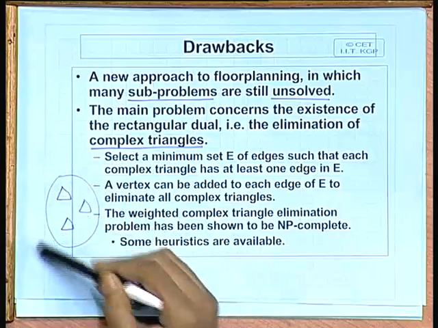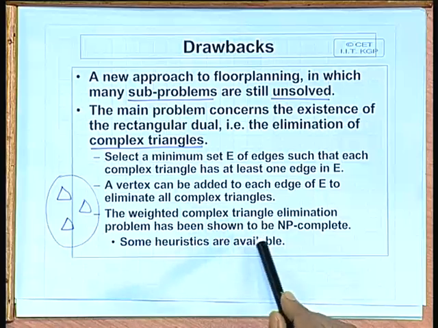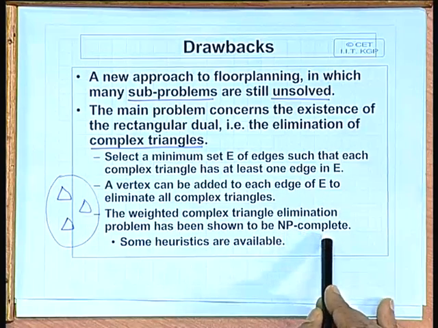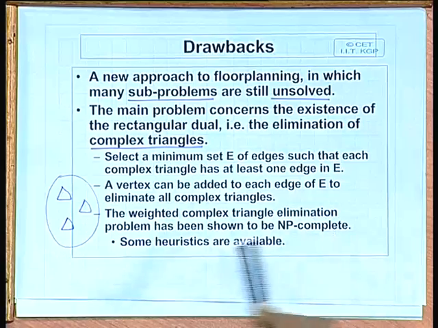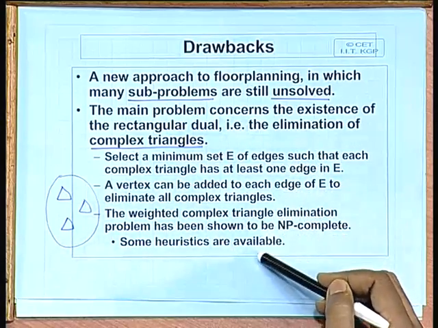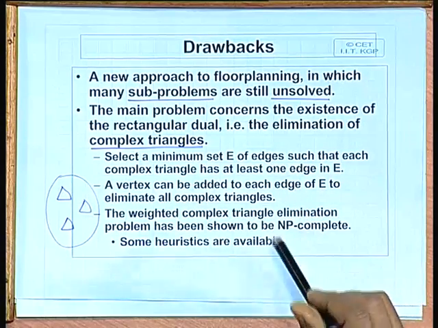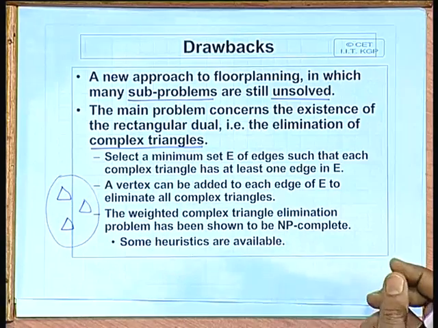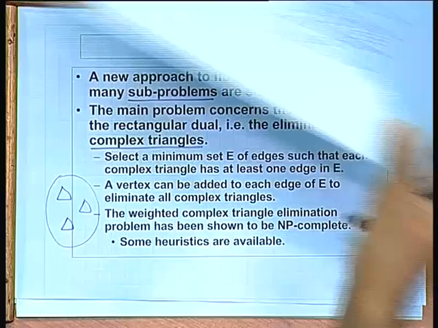But the problem is that for a given arbitrary graph, identification of complex triangles in it has itself been shown to be an NP-complete problem. So although this method apparently looks fine, implementation-wise it is a complex problem.